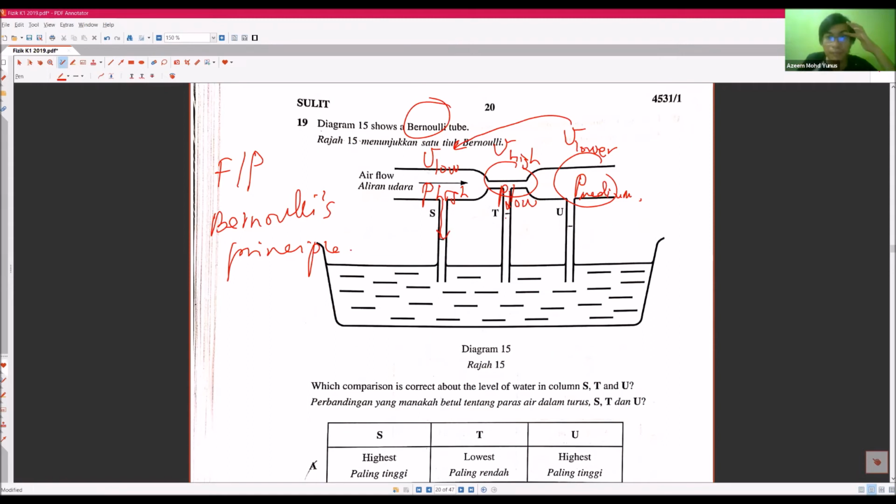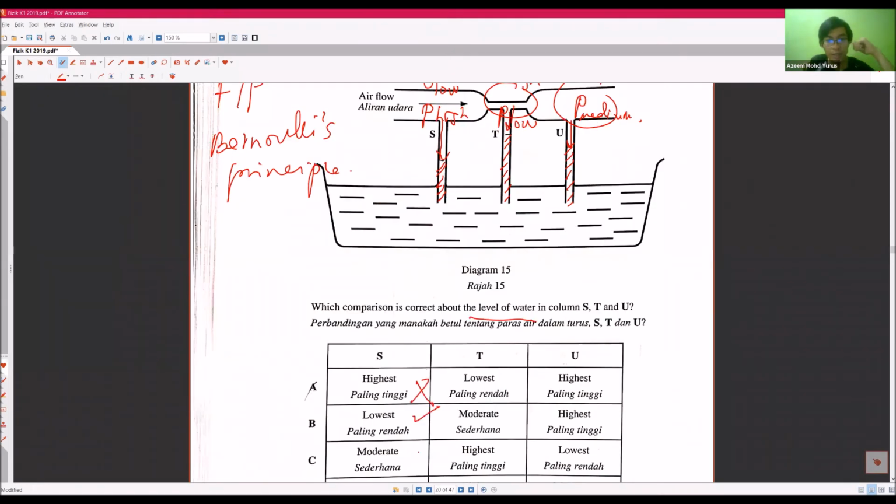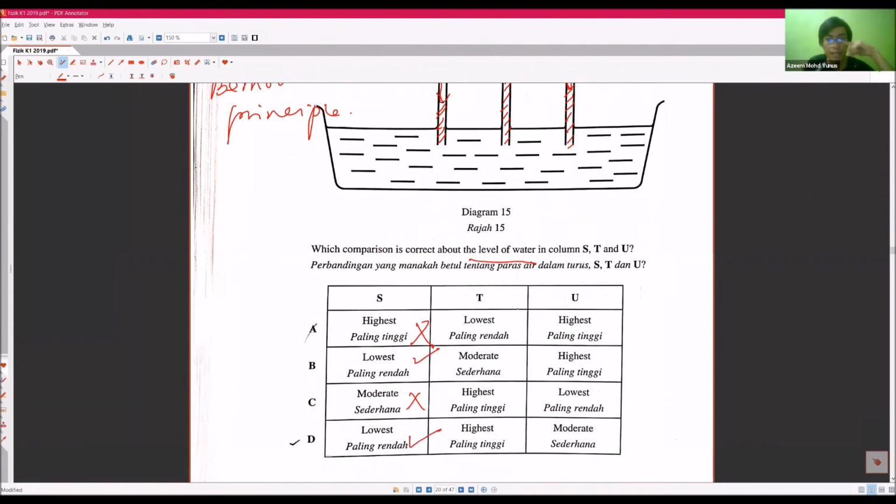Water level: is S the highest? No. Lowest? Yes. Moderate? No. Lowest? Yes. T is the highest. U is moderate. So the answer is B.